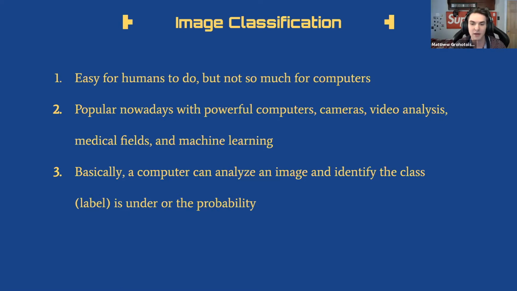And it's something that is hard to adapt to smartphones. So basically, a computer can analyze an image and identify the class or label under a probability. You give it an image, and it'll give out some labels along with percentages for accuracy.